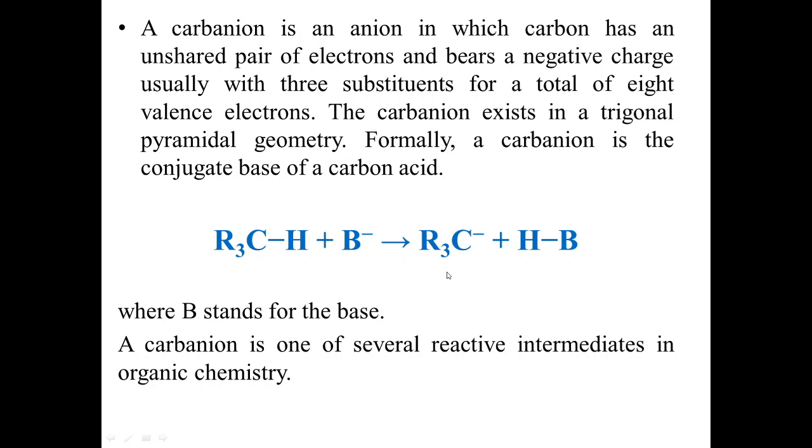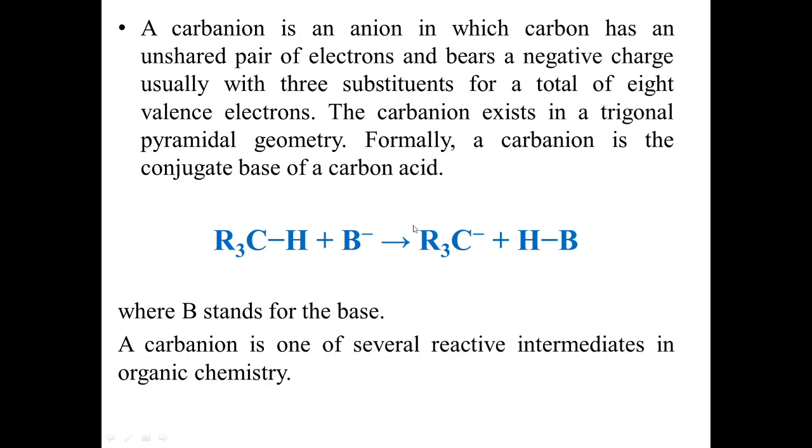Now in this reaction the B stands for the base. When we react this carbon compound having hydrogen, the base abstracts this hydrogen and the compound converts into R3C minus, a carbon anion.